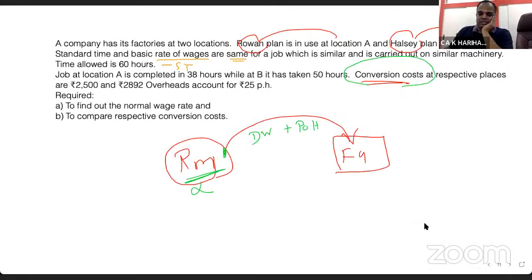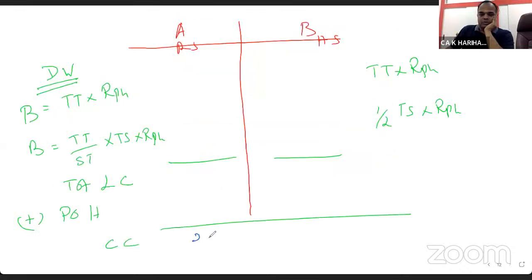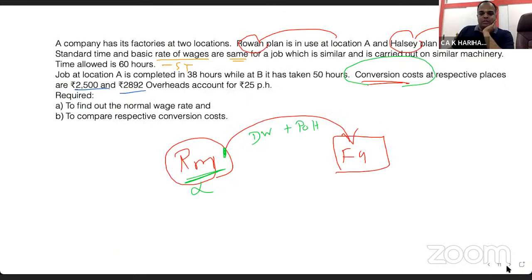The conversion cost available is 2,500 and 2,892. Then what about the production overhead? Location A worked 38 hours, B worked 50, and overhead is 25 rupees per hour.